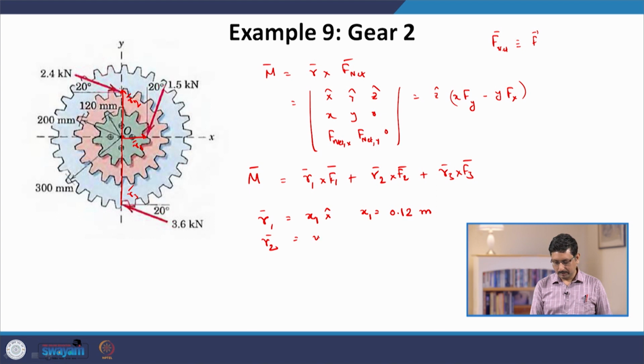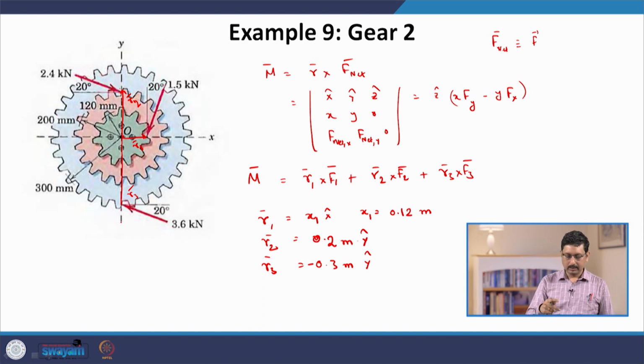So, this is given by the radius of the second wheel, which is 200 millimeter. And R3 is acting on the y axis. So, this is the radius of the third wheel, the largest wheel, and this is in the negative direction.